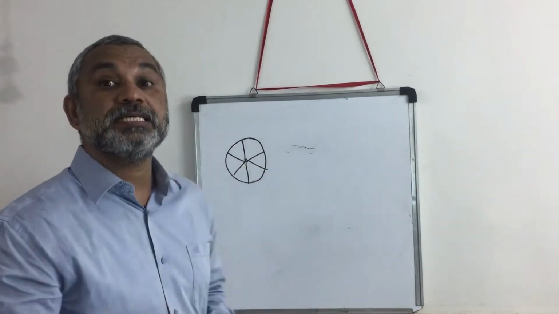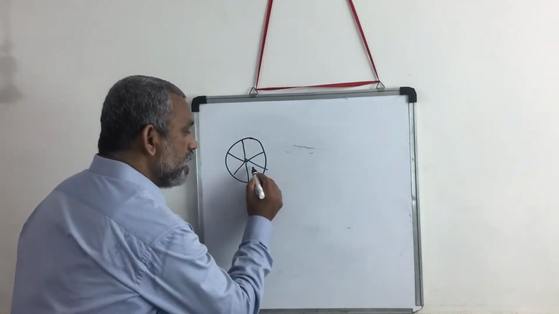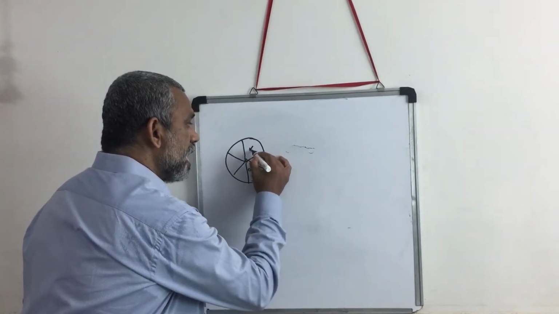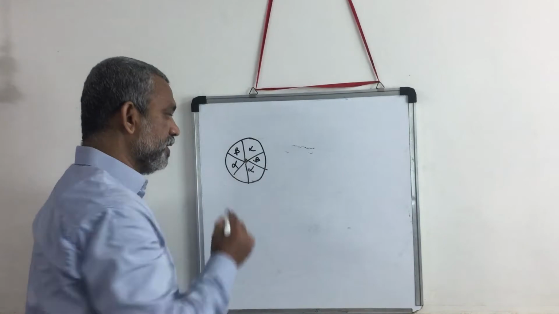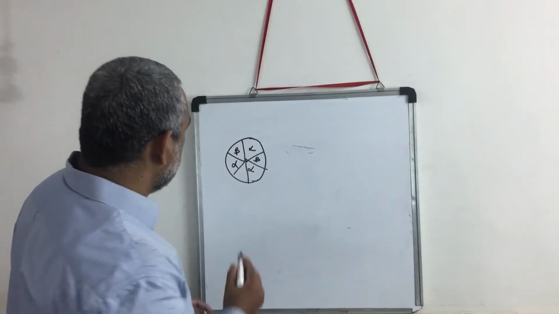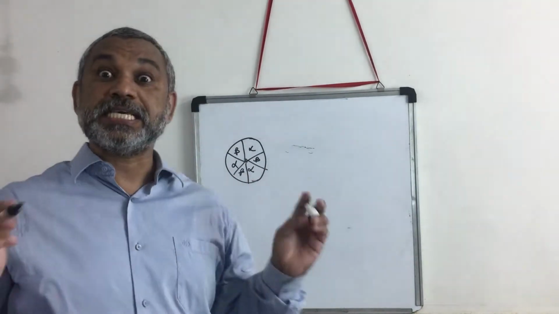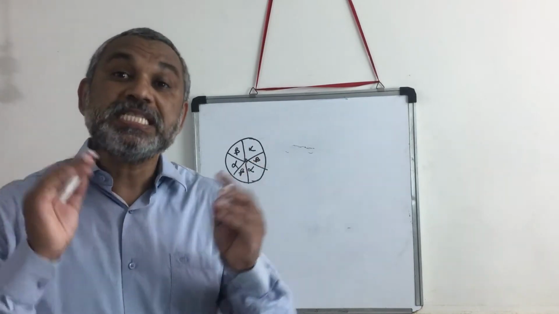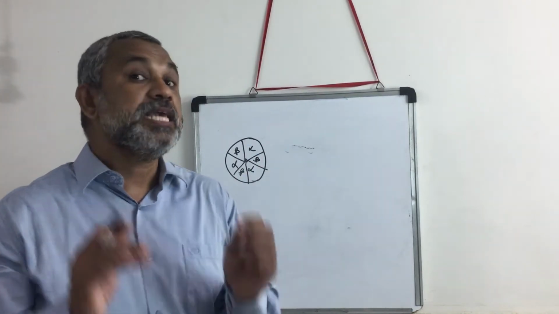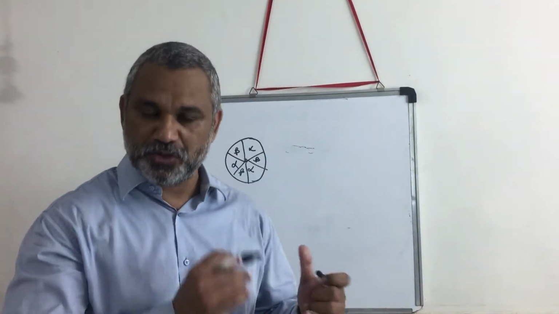In the 6 segments, one is alpha, beta, and alpha. Now, what is important for us is that the alpha subunits are the structural components of this unit, whereas the beta subunits are the catalytic subunits.